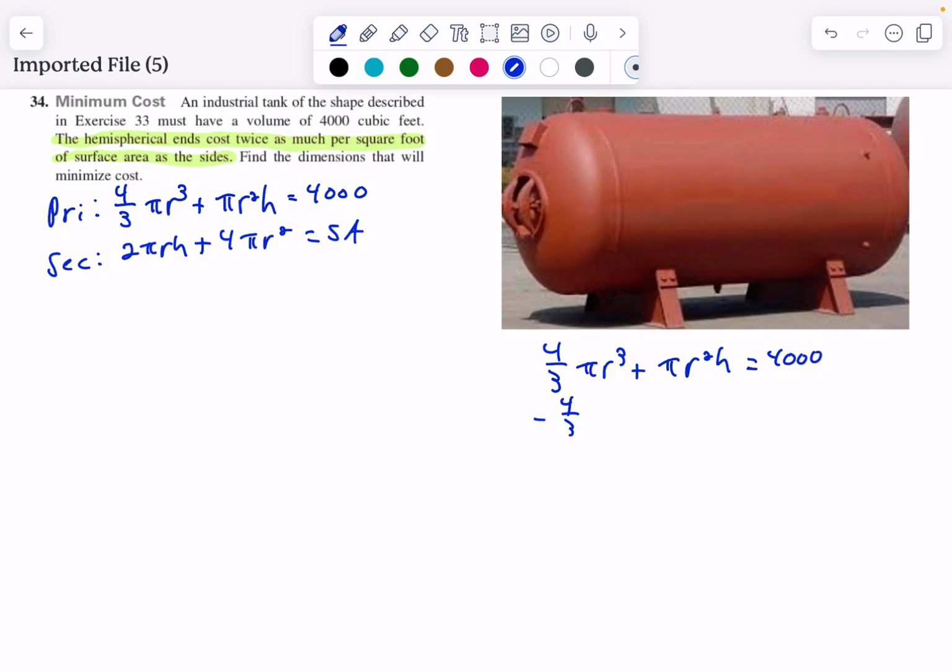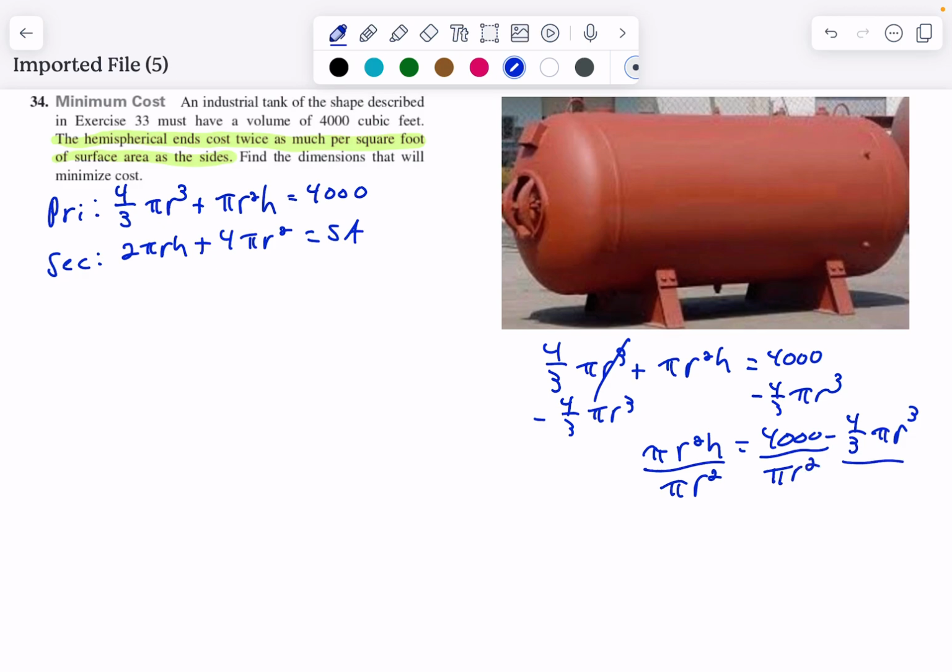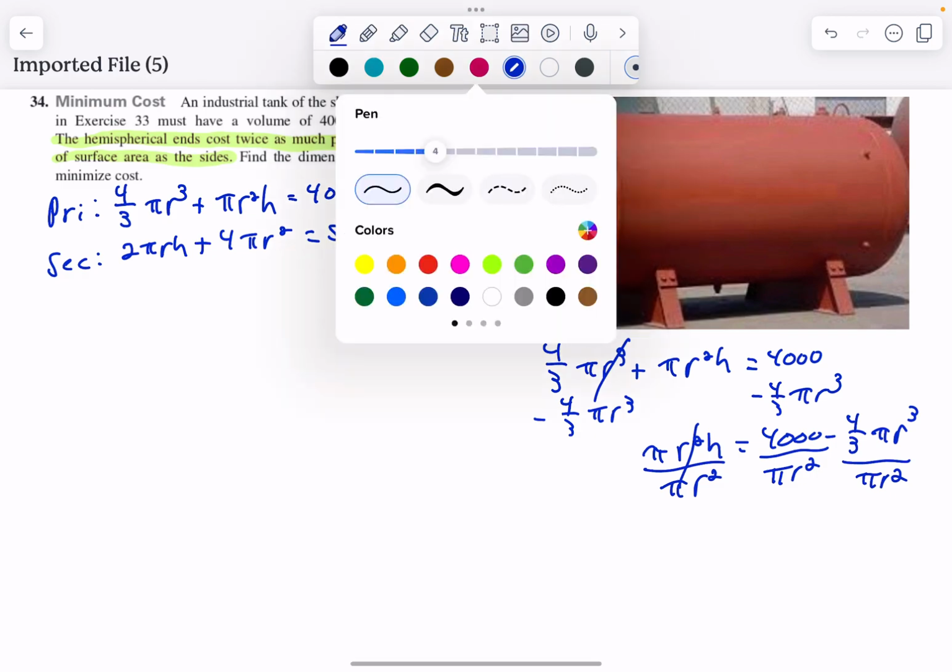Subtract 4/3 pi r cubed from both sides. And we now have pi r squared h equals 4,000 minus 4/3 pi r cubed. Divide everything by pi r squared. All right, all that cancels.